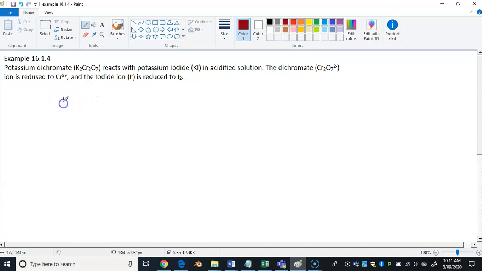We're told that K2Cr2O7 reacts with potassium iodide in acidified solution. Now that means that this is aqueous and this is aqueous, and the acidified solution means that we've got acid particles, which would actually be H3O+ ions.